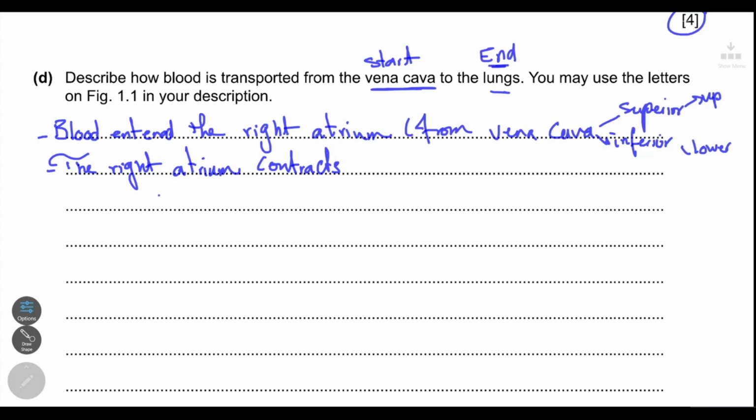Surely, when the right atrium contracts, it pushes the blood to the right ventricle.